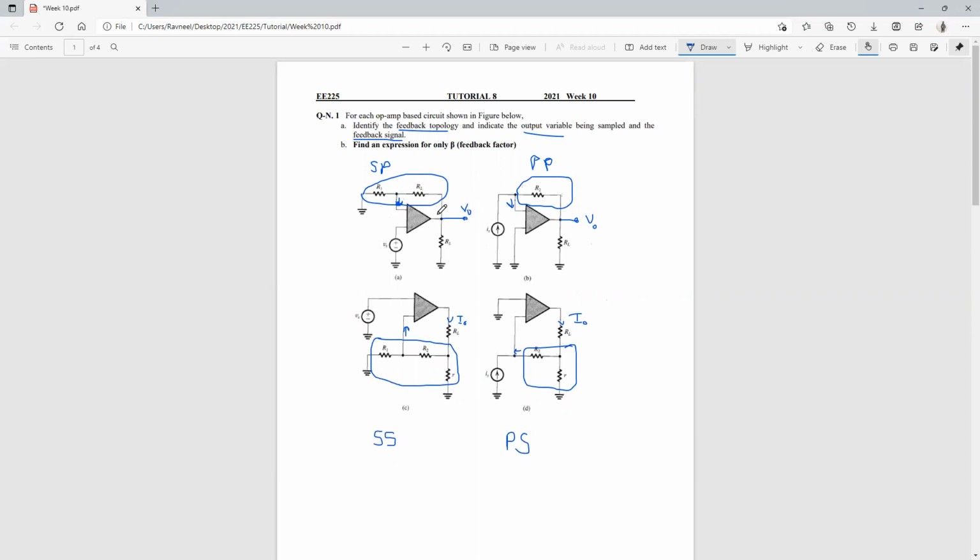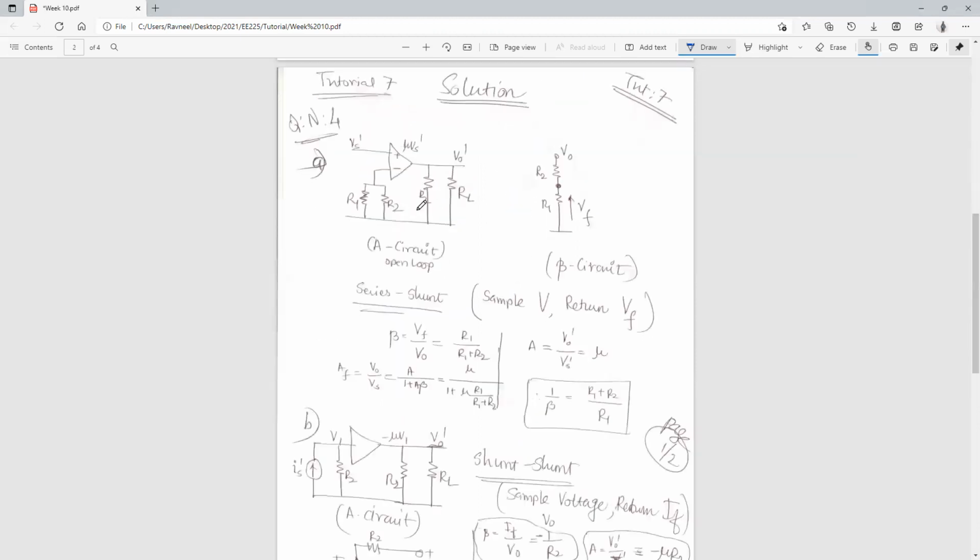You leave the connection with your output, right? So if you break the circuit at this point and ground it, this R2 becomes in parallel to your RL, right? And then this R1 can be ignored. So that will be the resistance at the output: R2 is in parallel with your load resistance. So this becomes your alpha circuit or A circuit, that is your open loop.